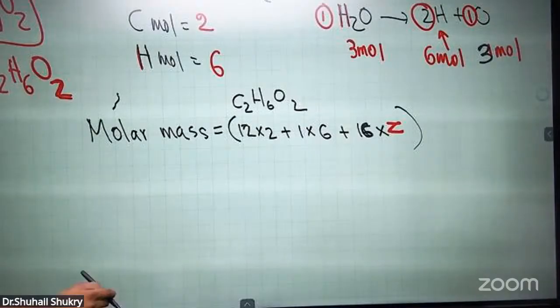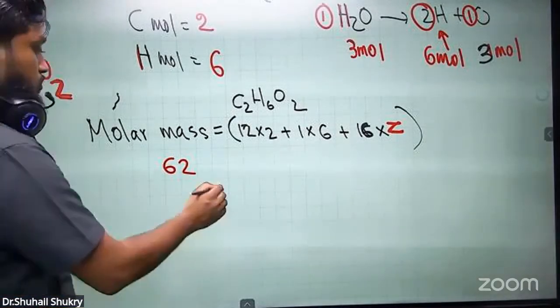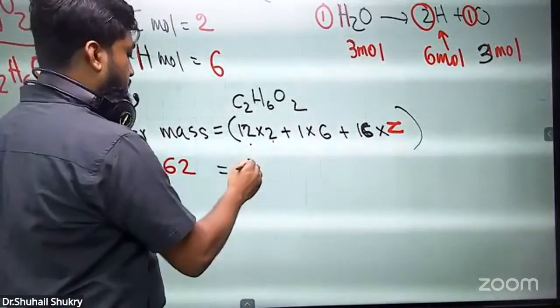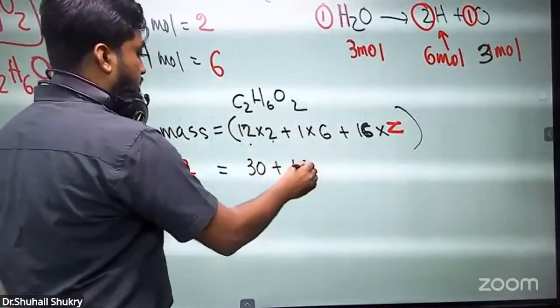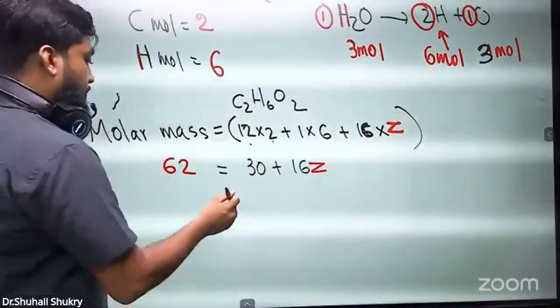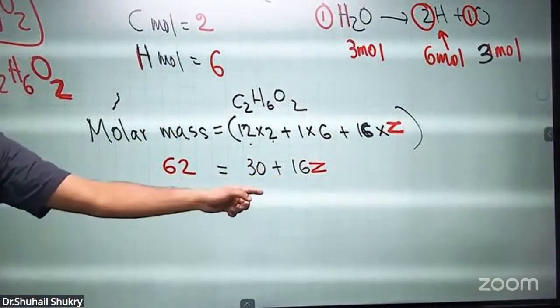The molar mass given is 62. Then 12 into 2 is 24. 24 and 6 is 30. 30 plus 16Z. Write the 2 and Z properly, because some people write 2 and Z the same.